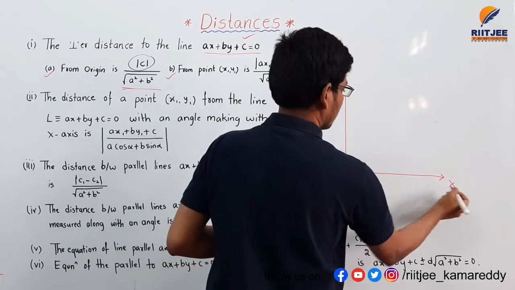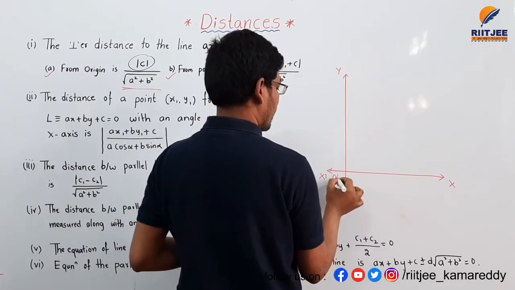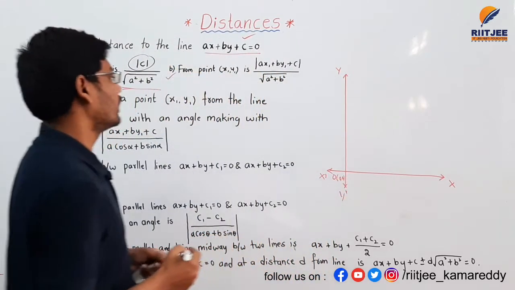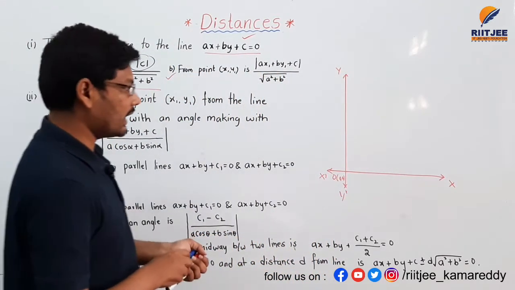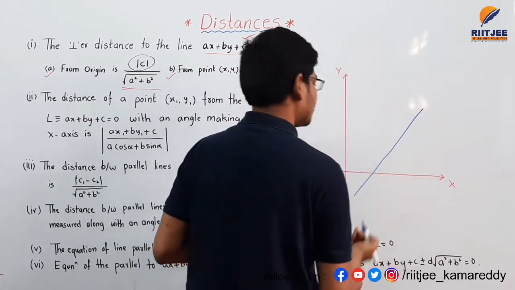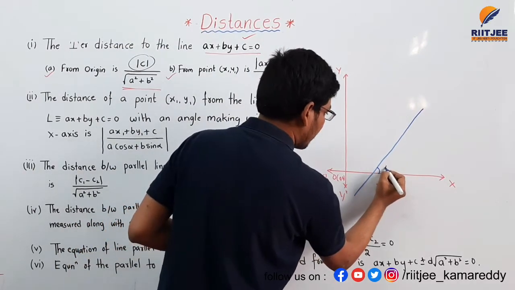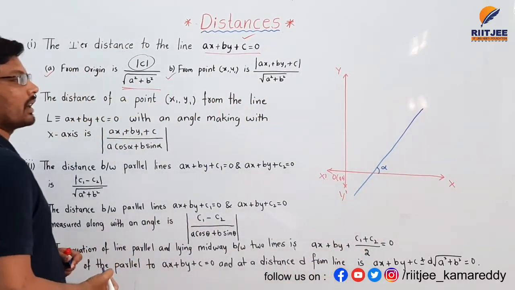This is the x-axis and this is the y-axis. This is the origin 0, 0, O, and I am taking a line intersecting the x-axis with an angle of alpha.